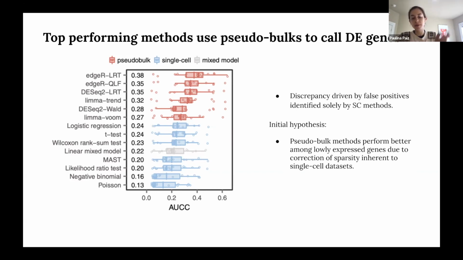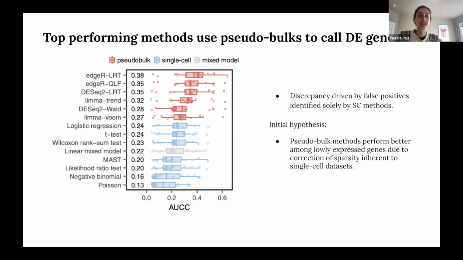And in reasoning about this, the authors went back to the challenges of single cell differential expression analysis, and they reasoned that sparsity is one of the biggest drivers of false positives and difficulties of analysis. So they thought that maybe in lowly expressed genes, pseudobulk methods were correcting for this, and that is why they were performing better overall.